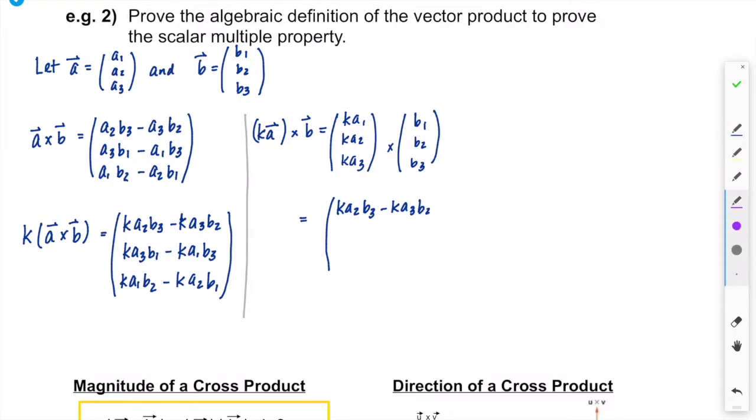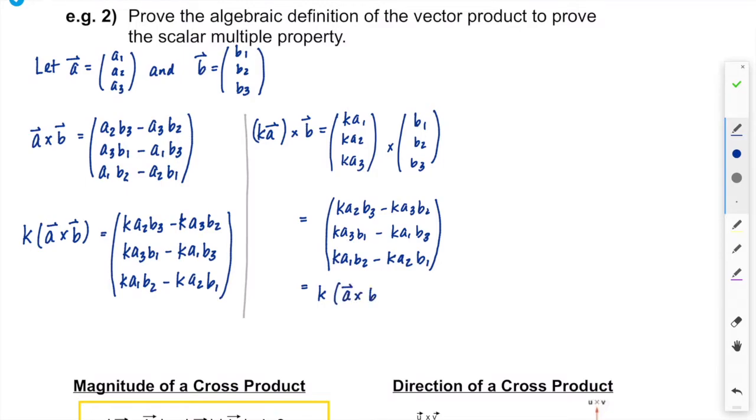And then in the second row, ignore this, but remember we are kind of stacking the numbers when we do the cross product. So in this case, I'm going to have KA3B1 minus KA1B3. Not B2, sorry. There won't be any 2's here. And the last one, you ignore the last row. You have KA1B2 minus KA2B1. Which is so far the same as K times A cross B.